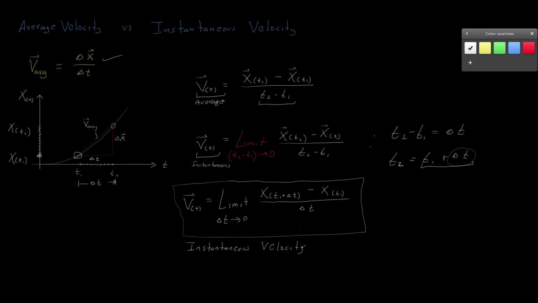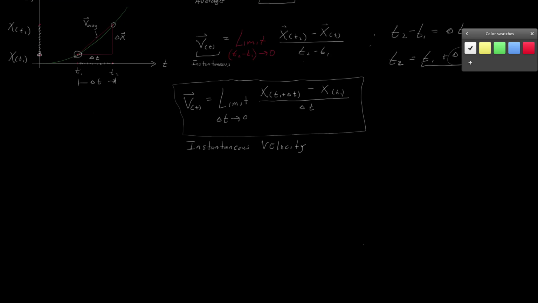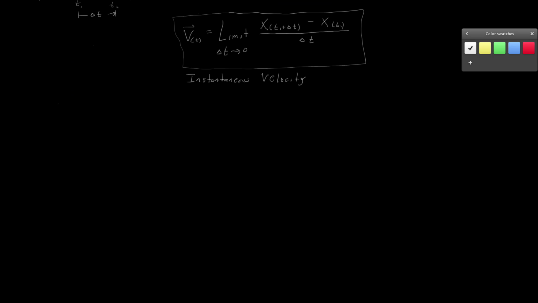Well, I think we should apply this to something that we already know the answer to, just to see how this works. So let's assume that we're looking at an object under uniform acceleration, like we did in our regular physics or AP Physics 1 class. So let's say that we have a position function: x as a function of time is some initial position plus some initial velocity times time plus 1/2 a constant acceleration times time squared.